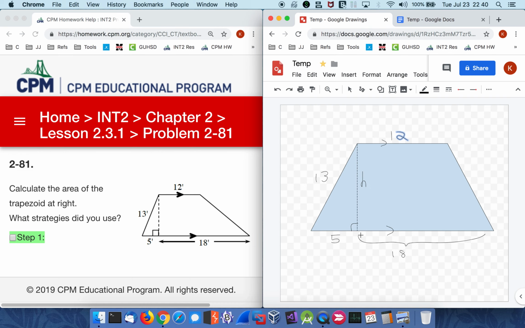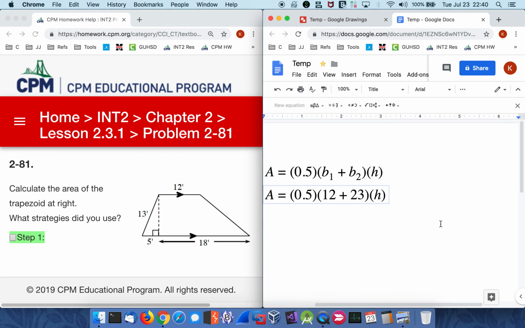What is that height? Oh boy. Well, I guess we can get it since we have these two sides, we should be able to get this height by using the Pythagorean theorem. So, what do we know about the height here? Let's just move this down a little bit.